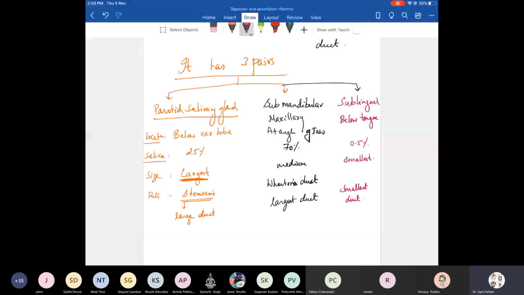I want you all to correlate this theory with the diagram which is given and learn them right now. The ducts, which are the ducts? Very, very important.